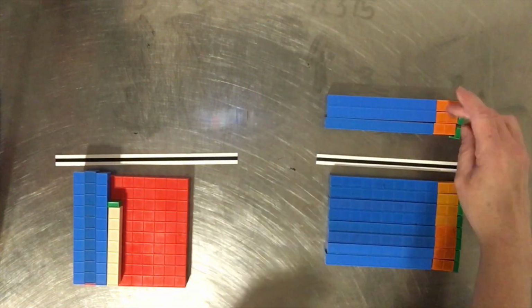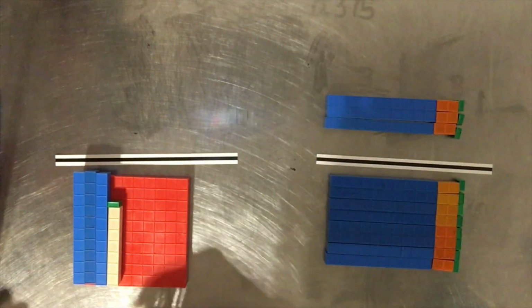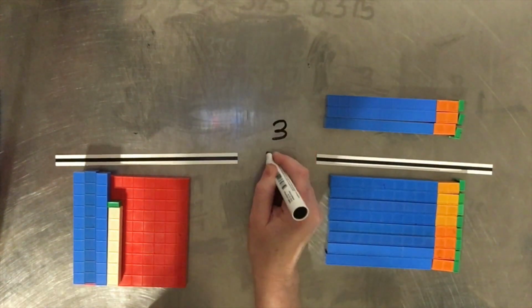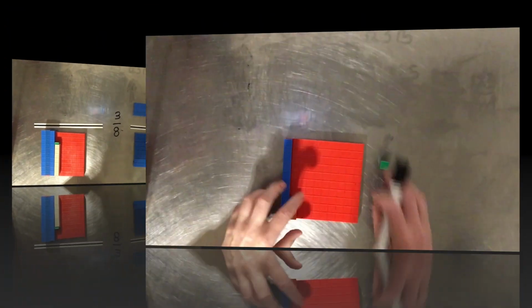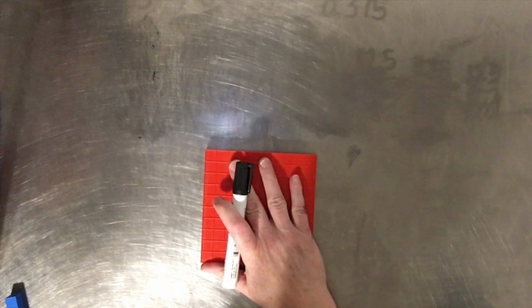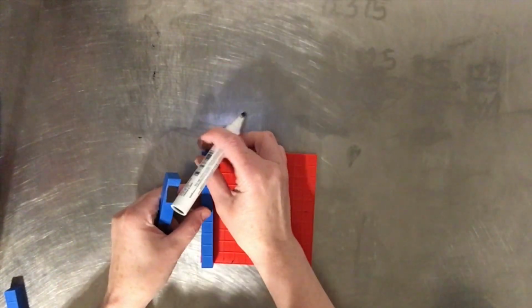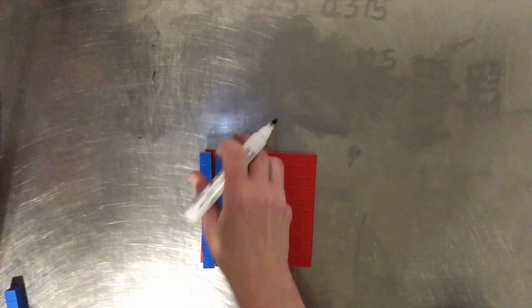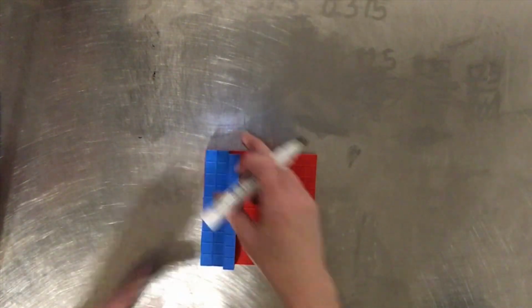So we have 3 of these, which is where you get that fraction 3/8. So again, let's talk about 37.5%. Here's your whole one, and that would be 100%, right? But we don't have 100%. We have 37.5%.